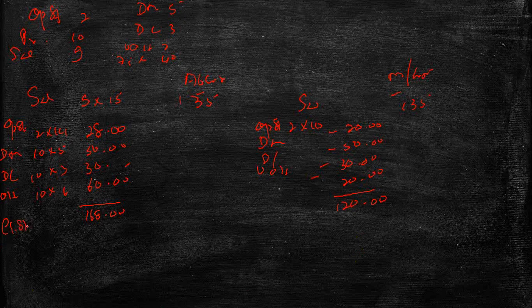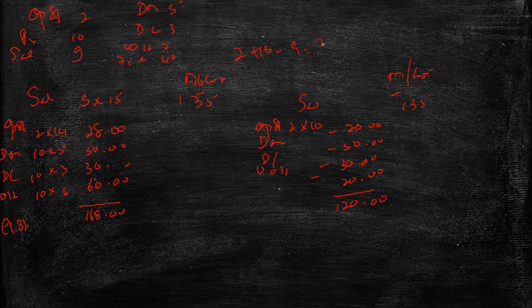Now can you tell me what is your closing stock this year? You started with 2, you produced 10, and you sold 9.